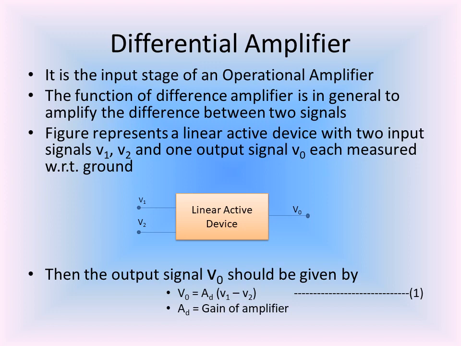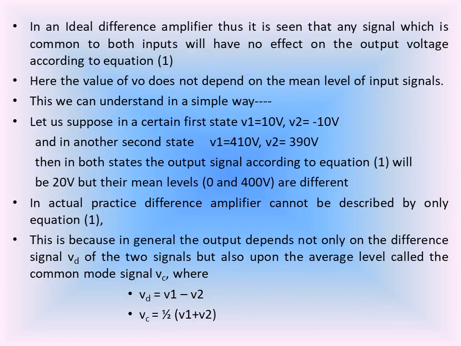Here AD is the gain of the amplifier. So in a differential amplifier, if we think ideally, any signal which is common to both the inputs will have no effect on the output voltage, that is, the output voltage will be 0.